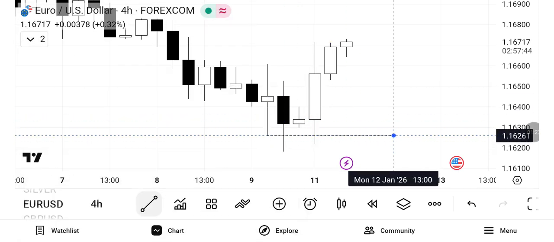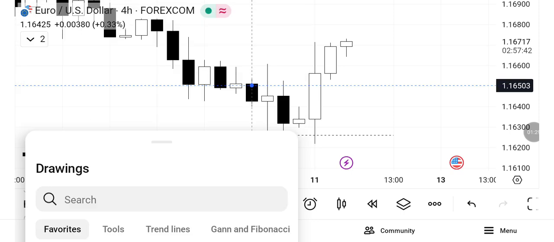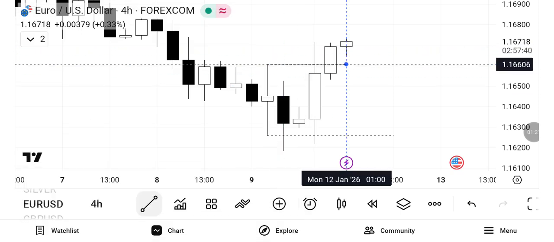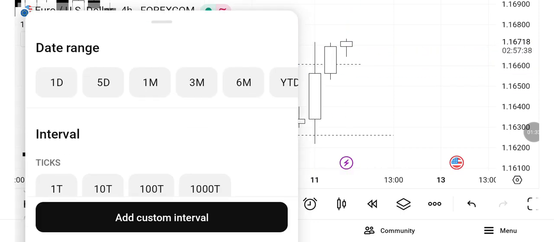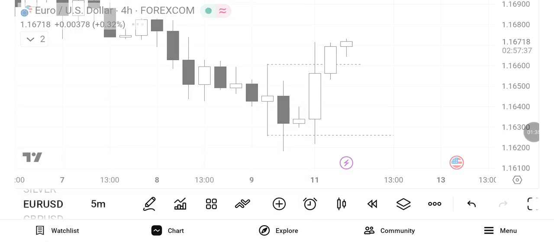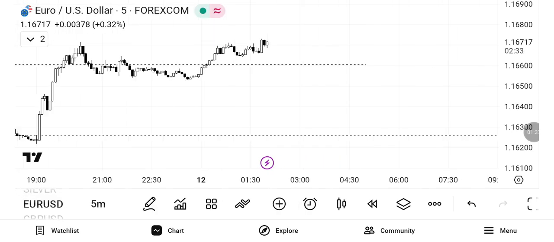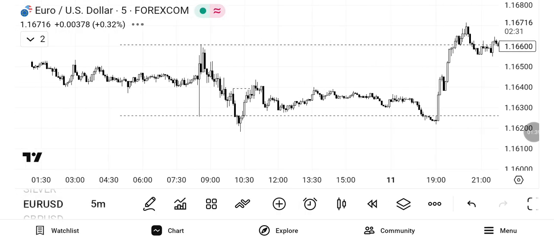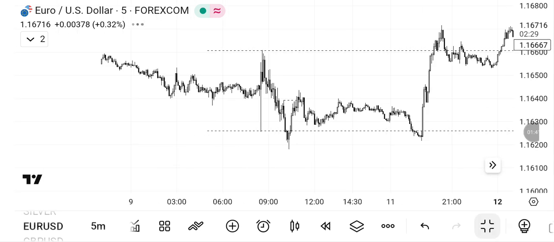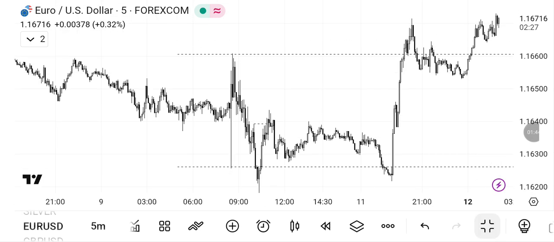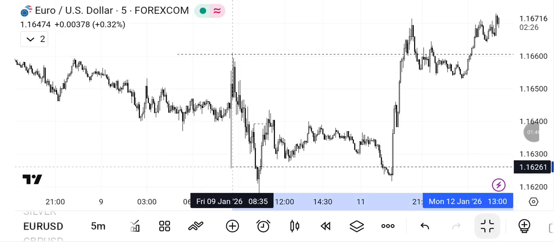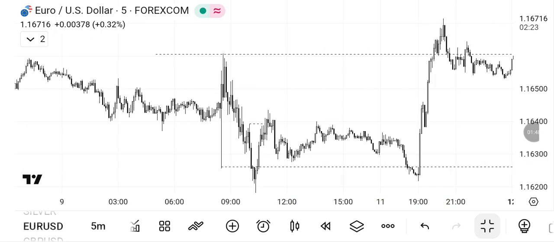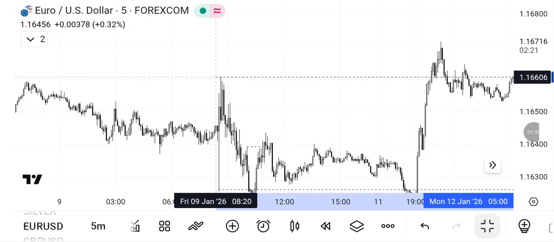So let me first mark that, and also I mark that high. So when we drop down on the lower time frame, let me see. When you go to the lower time frame, that was the low, that was the liquidity that was actually swept, right?